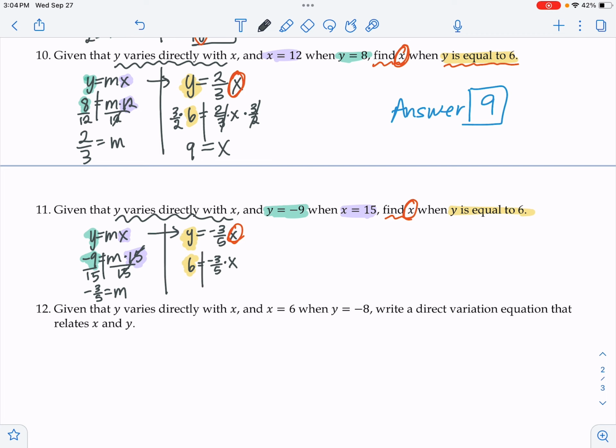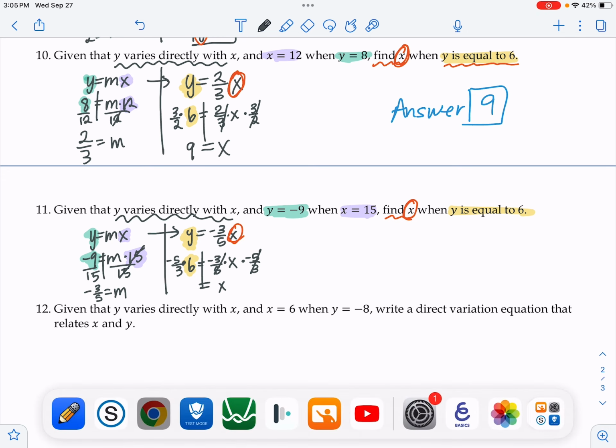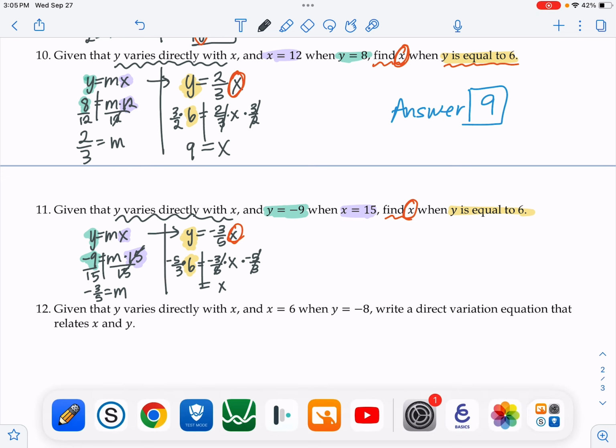Okay, and so they're multiplying by negative 3/5. We can undo that by multiplying both sides by 5/3, but it also has to be negative if we want it to cancel. Okay, so negative 3/5 cancels with negative 5/3, leaving me x. And then we can use Desmos.